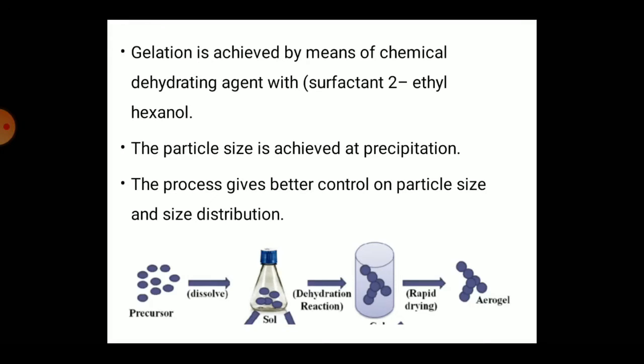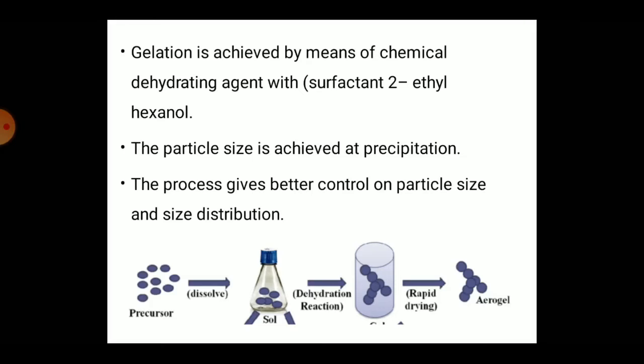Okay, so you add this 2-ethyl hexanol. So what will happen? Since it is a dehydrating agent, gel formation takes place and the particle size is achieved by precipitation, and this process will give a better control on the particle size and size distribution. That means you can get the desired size and composition of your nanoparticles by a Sol-Gel method.